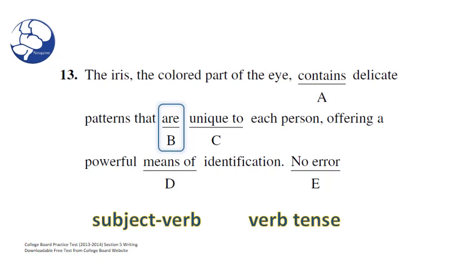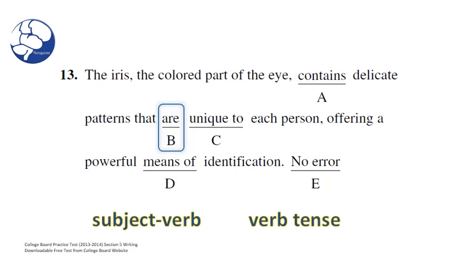And that, as a relative pronoun, is replacing the noun patterns, so it must keep the number of the noun it's replacing consistent. I got it. So that is replacing patterns. Exactly. If patterns were to be pattern, the singular form, then the correct verb in B should be is, not are.